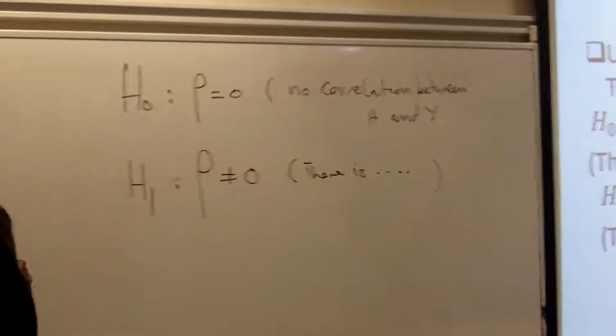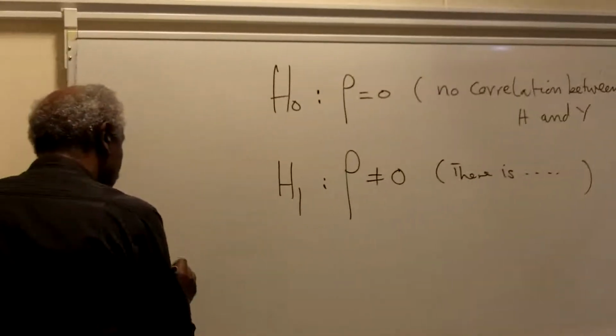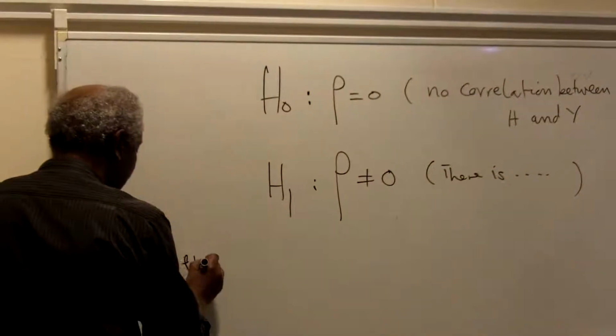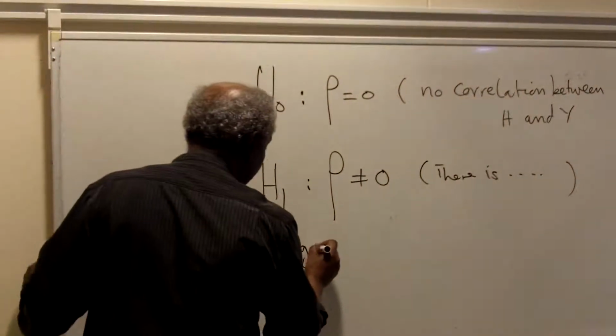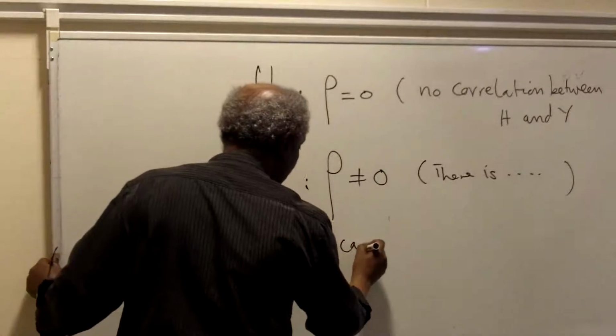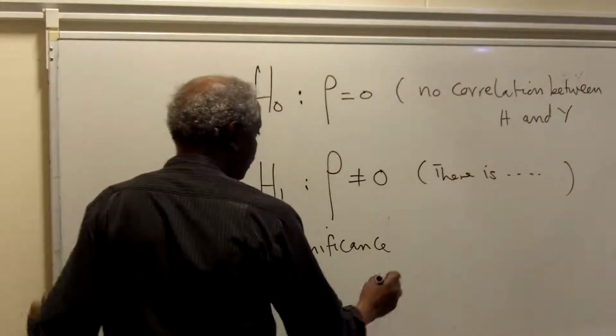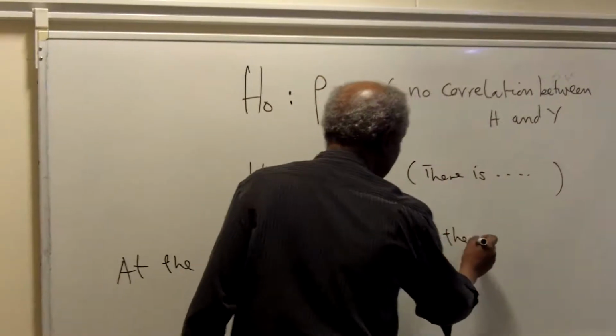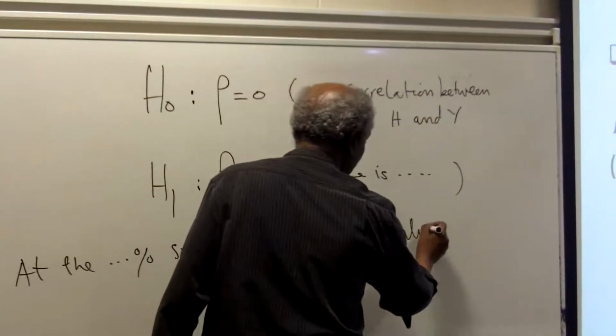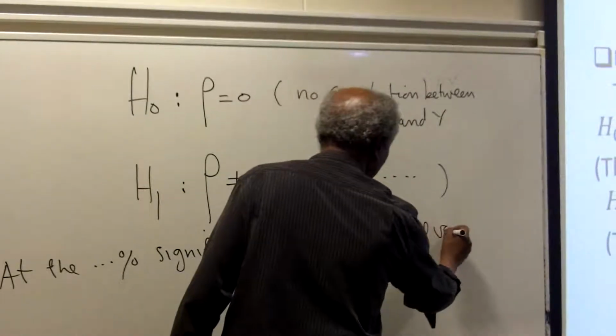Then you continue. This is what you are going to write: at the 5% significance level, the critical value.